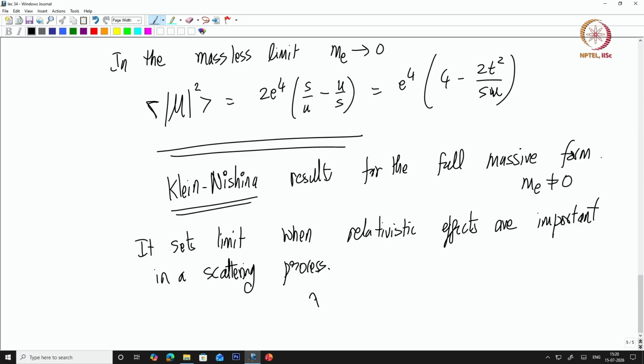The wavelength is called the Compton wavelength, which is given by h cross by mc, where m is the mass of the scatterer.